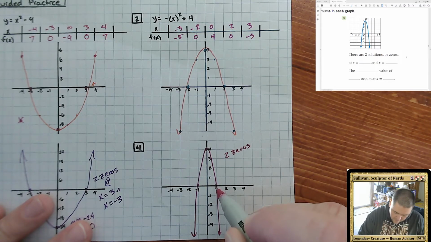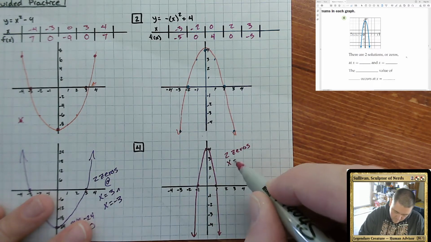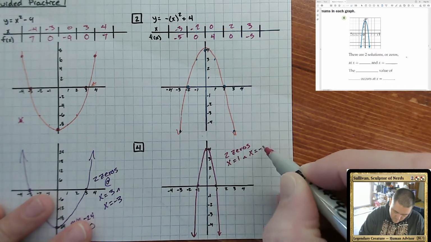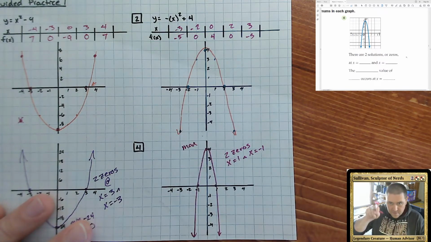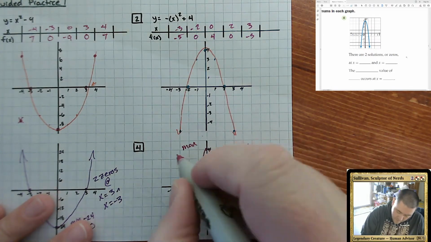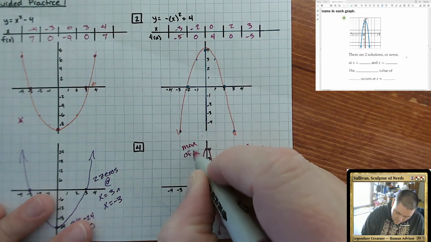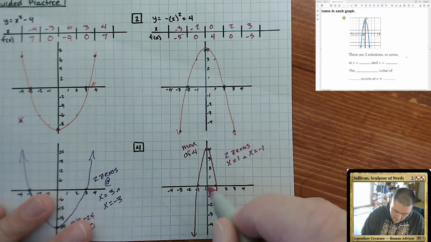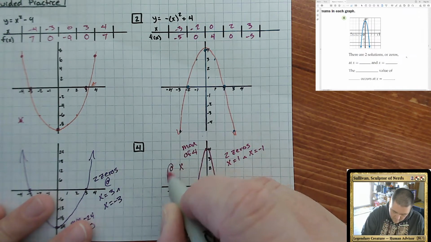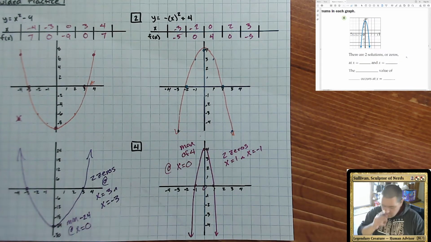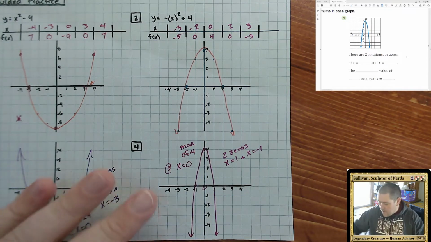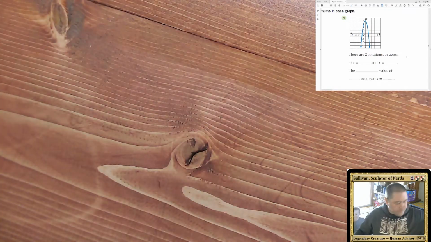They are at 1 and -1. I also have a maximum, because it's the highest that the graph ever goes in terms of y's, of 4, and it happens when I'm at x equals 0. There you go. Okay, so that's the idea behind it. We're just going to do a little more practice, and hopefully you'll be good to go.